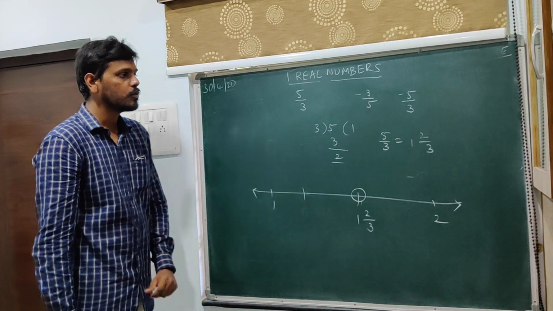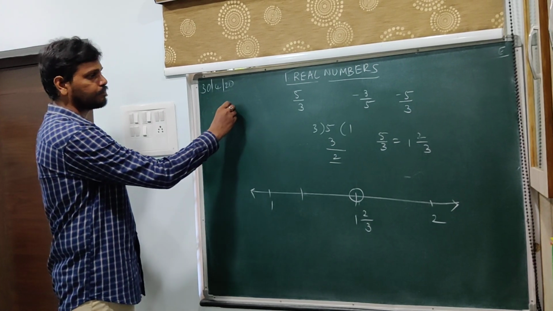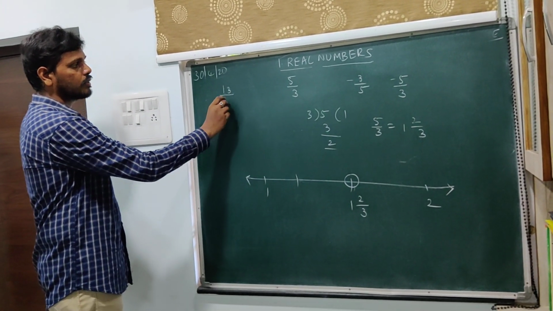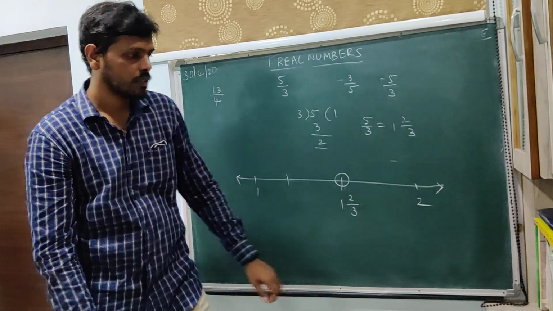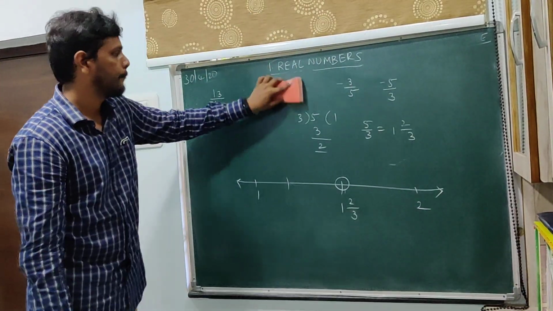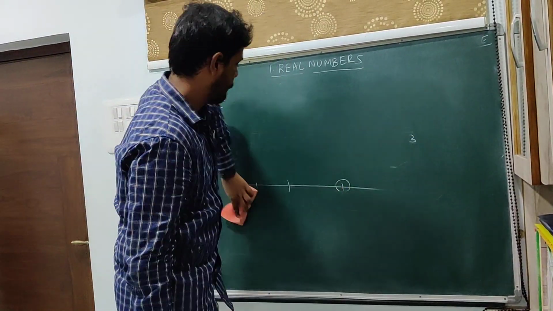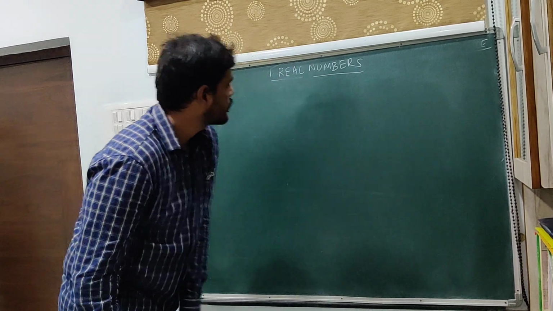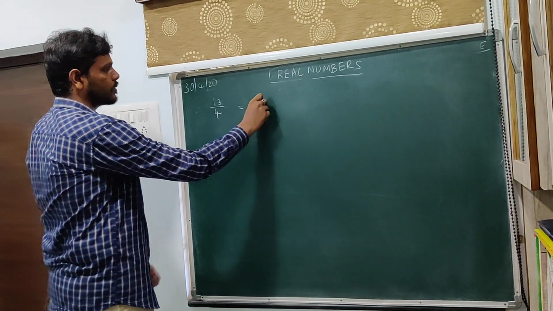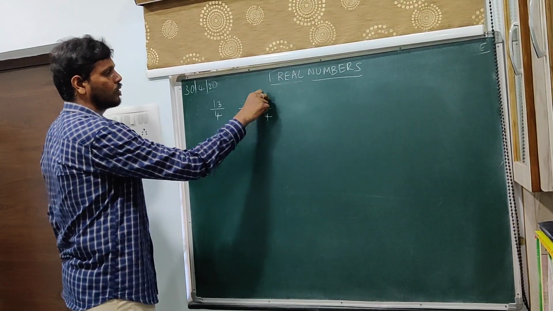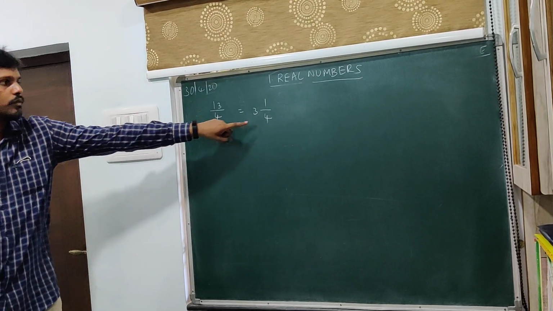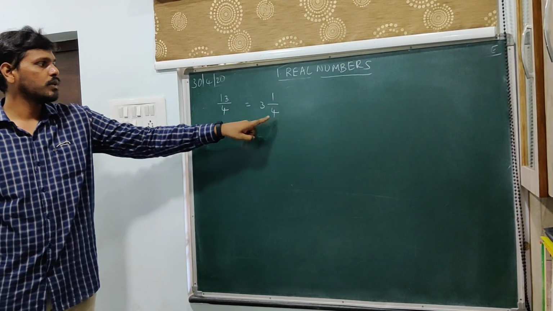Suppose it is something like 13 by 4. When you divide it, this is 3 and 1 by 4. 3 4s are 12, 12 plus 1 is 13.